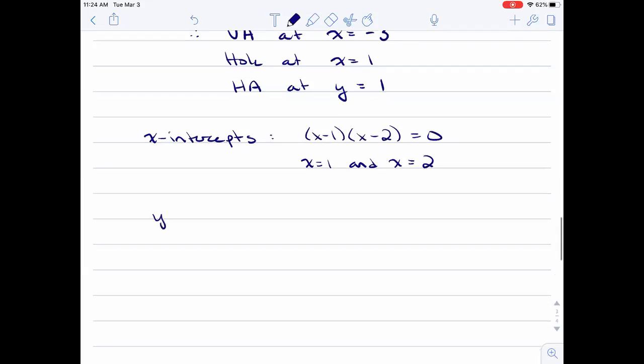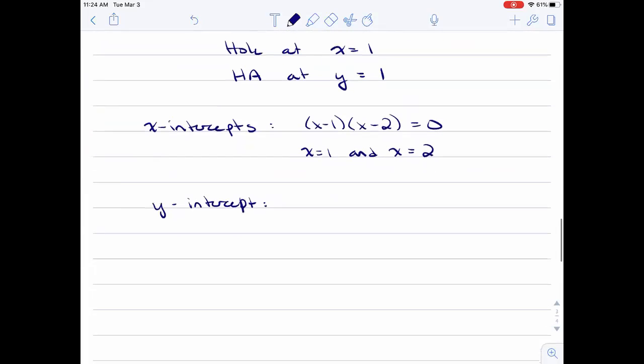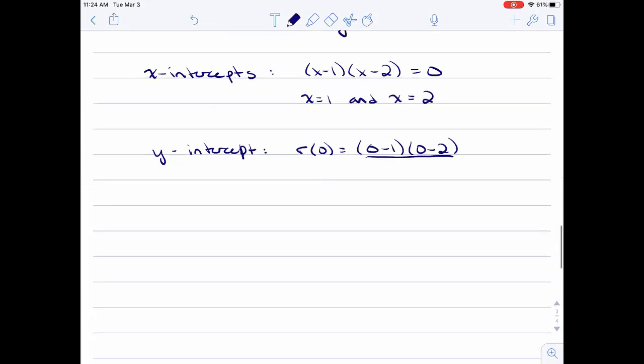And then the y-intercept is when we plug in x equals 0 into this thing. So r of 0 is 0 minus 1 times 0 plus 2 over 0 minus 1 times 0 plus 3, which puts me at negative 1 times 2 over negative 3.